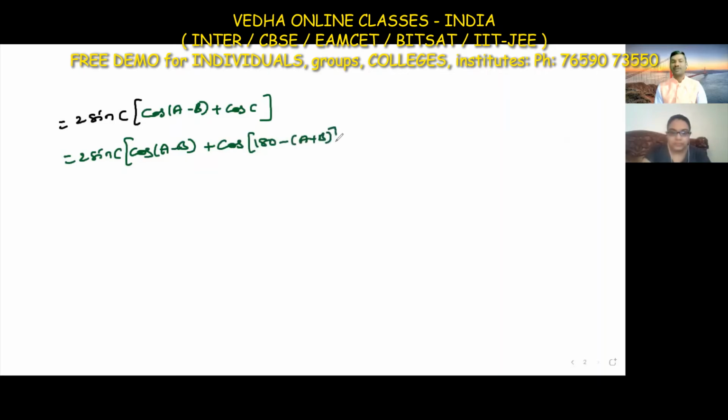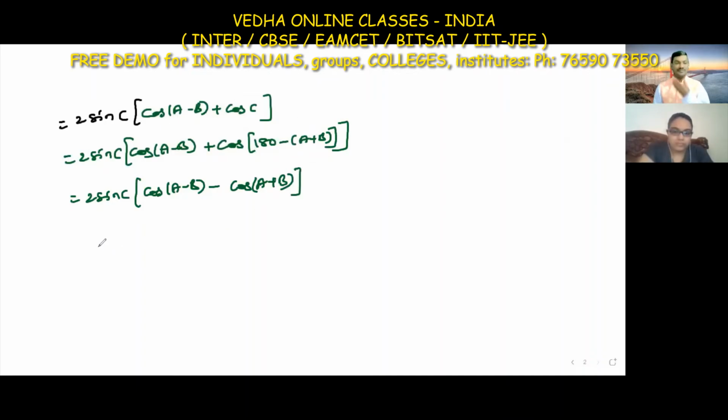So now this is equal to 2 into sin C into cos of (A minus B) plus, when we have 180, cos stays cos. So that is cos (A plus B), and 180 minus theta is in the second quadrant. In the second quadrant, cos is negative. So plus into minus becomes minus.